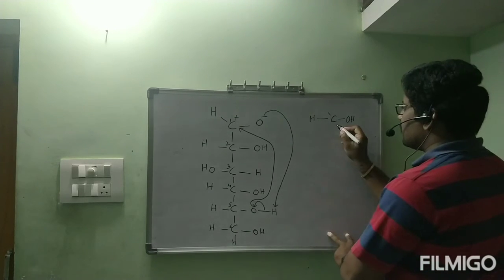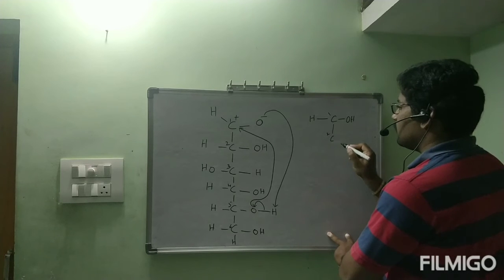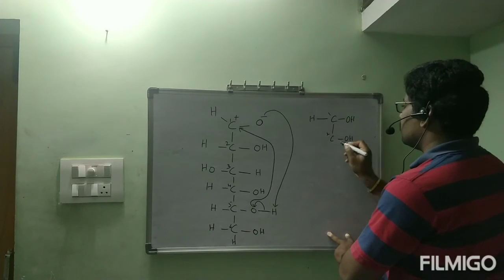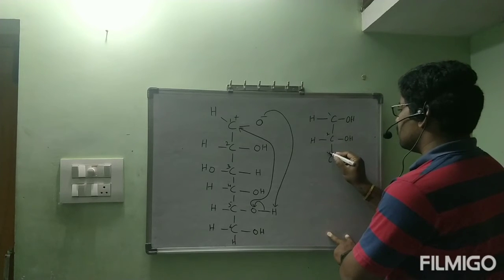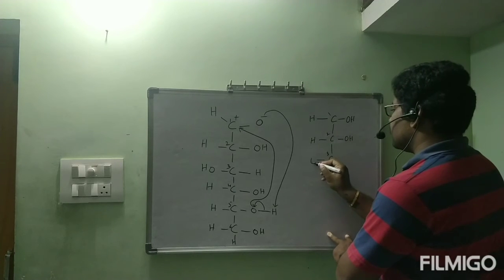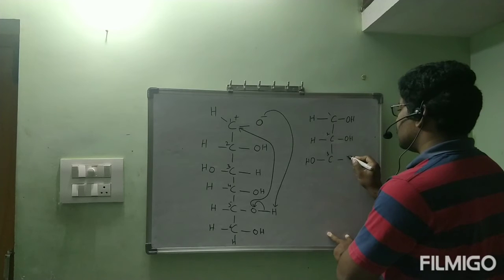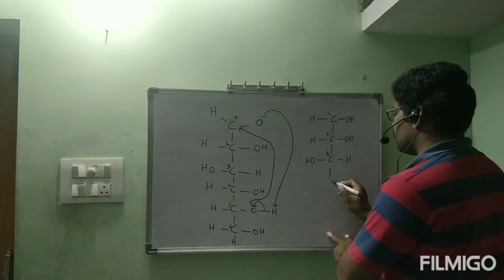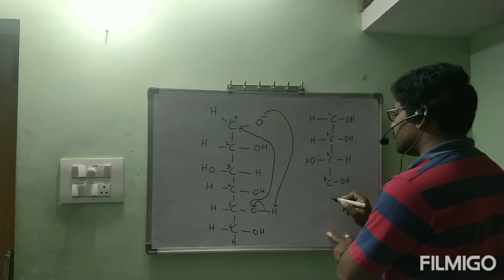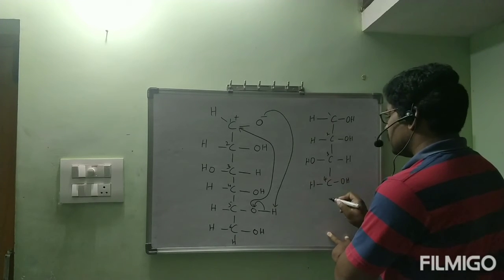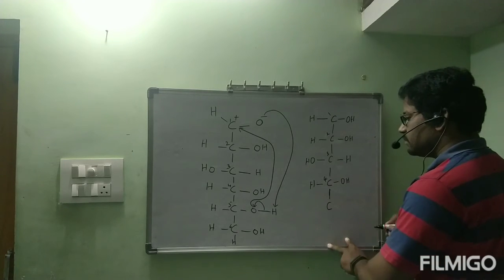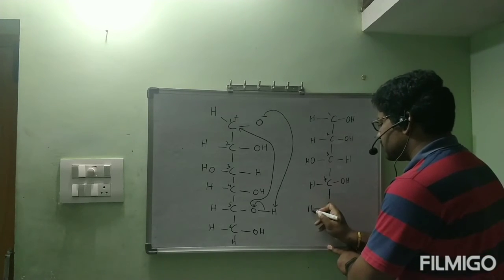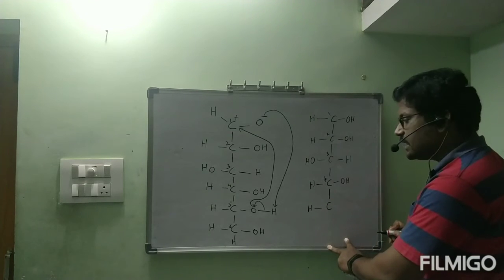Next, second carbon, OH right side, H left side. Third carbon, OH left side, H right side. Next, fourth carbon, OH right side, H left side. Next, fifth carbon, H left side.